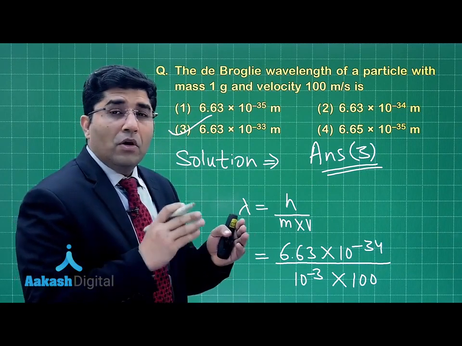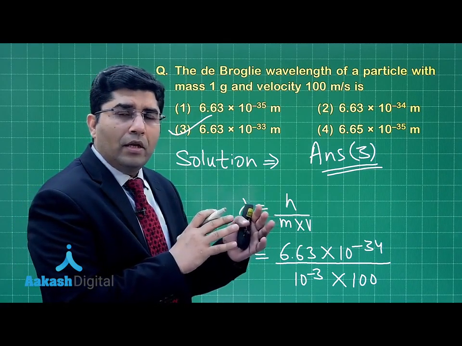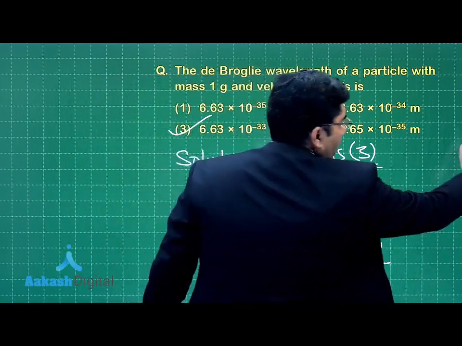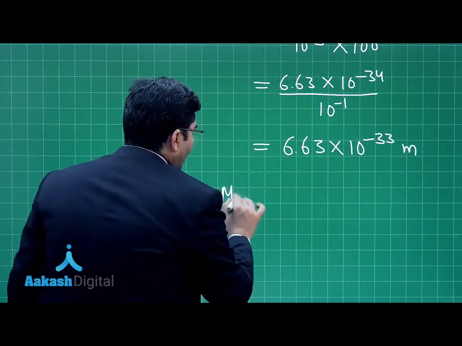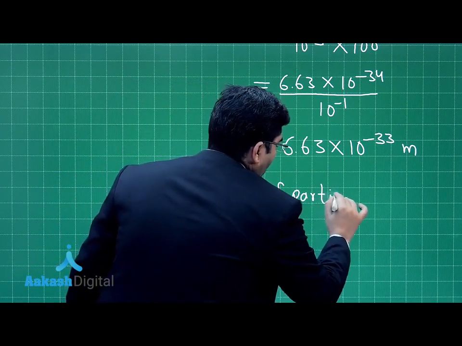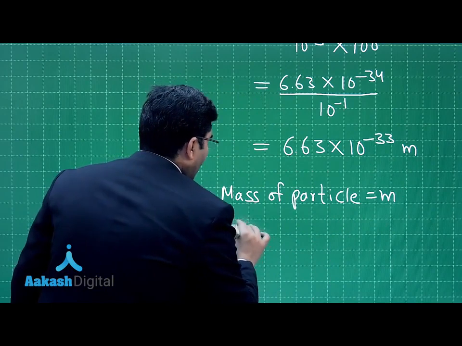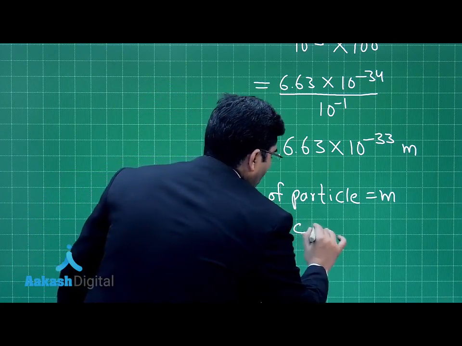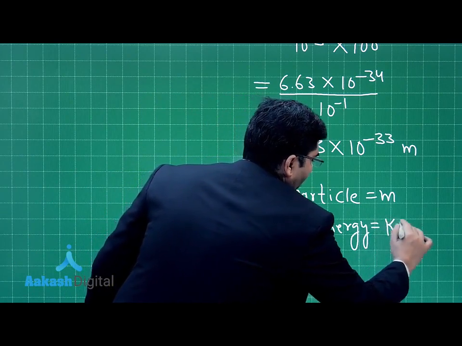That's okay, but a question can be asked by giving the mass of the particle with the kinetic energy also, or he can give the charge of that particle with the voltage. Now, if in any question the mass of the particle is given, that is m, and its kinetic energy is given, that is Ke.